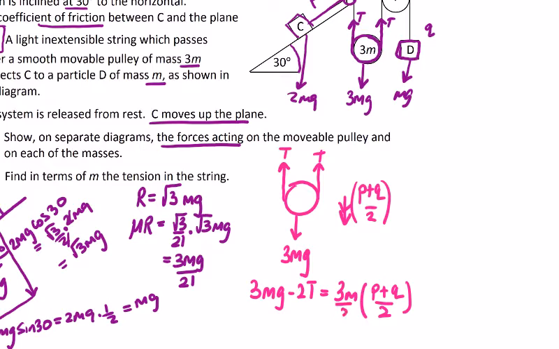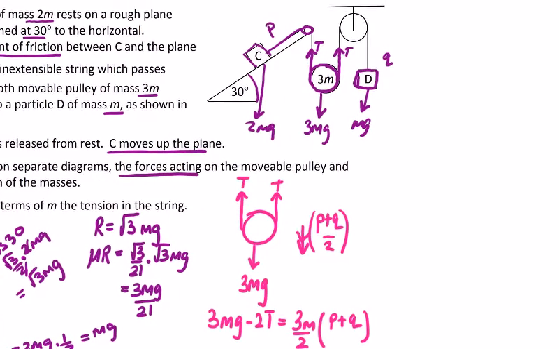We can put the 2 outside here, so we can then just add P and Q together. Might make it a bit easier. For D, we have the acceleration of Q, so we said it's going to go up, so the equation will be in this direction. T minus mg is equal to ma, which is mQ.